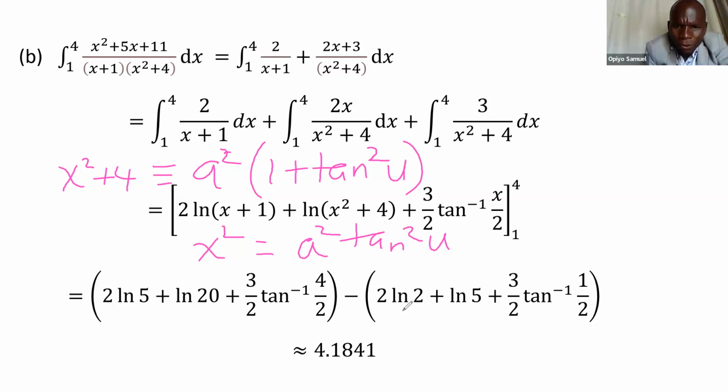So I can replace this by 4 so that we have x squared equals to 4.